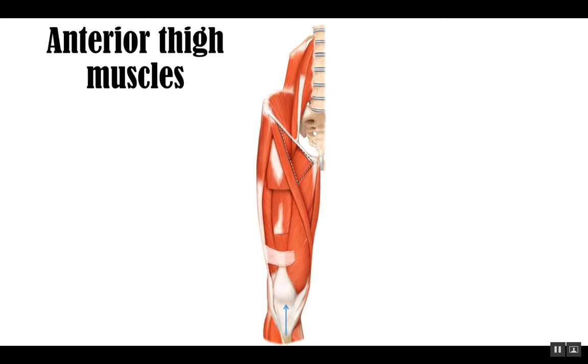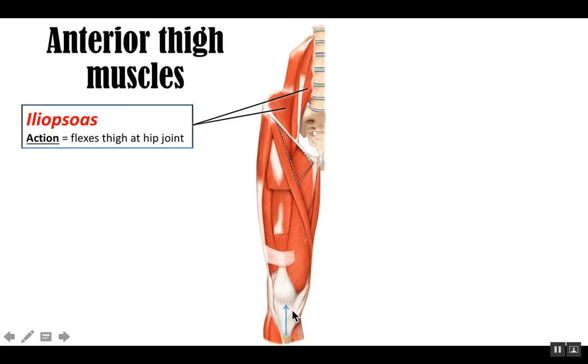Muscles in this compartment are either going to act at the hip joint or they're going to act at the knee joint. The first one to mention is called the iliopsoas. The iliopsoas is a hip flexor, or flexes the thigh at the hip.